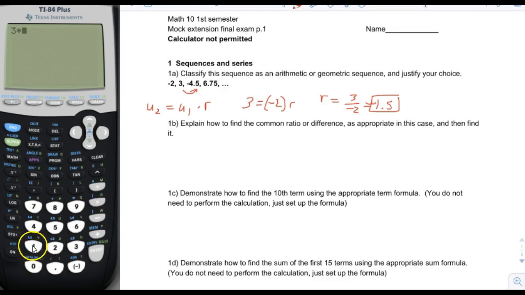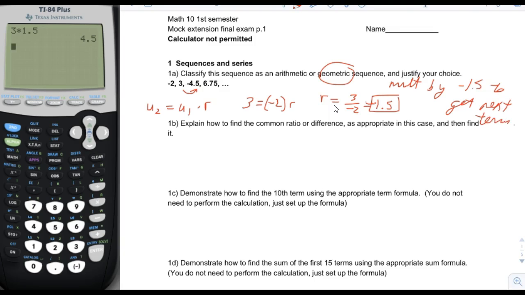I know you're not supposed to use the calculator in this section, but just to show you that it's fine. -4.5, right? So this is a geometric sequence, because I multiply by -1.5 to get the next term.